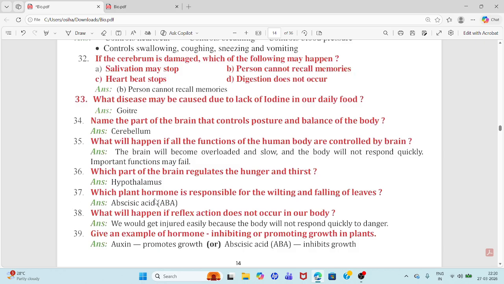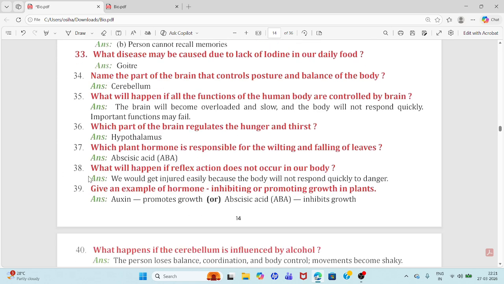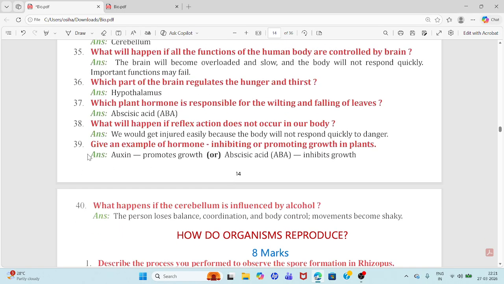37th question. Which plant hormone is responsible for the wilting and falling of leaves? Answer is abscisic acid, ABA in short. Okay. 38. What will happen if reflex action does not occur in our body? Answer, we would get injured easily because the body will not respond quickly to danger. Question 39.